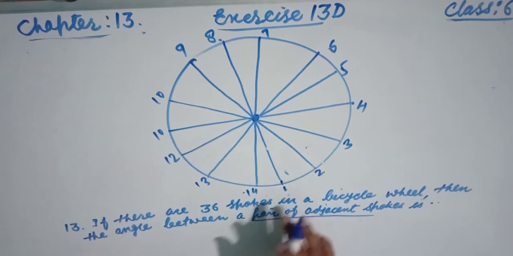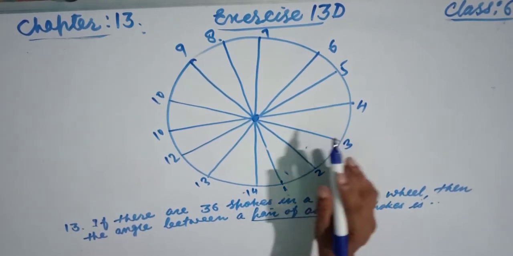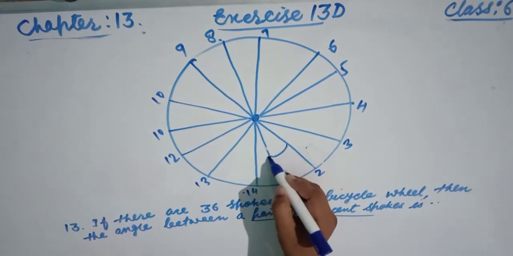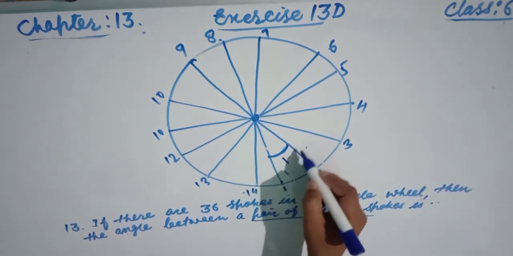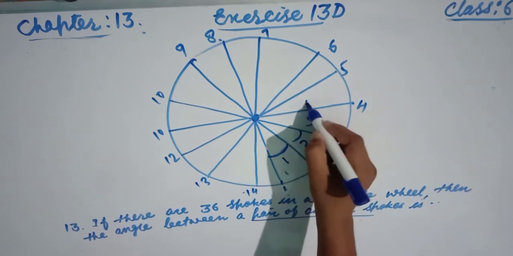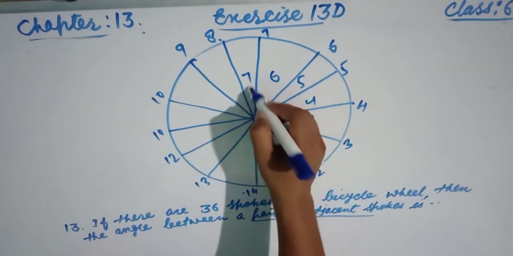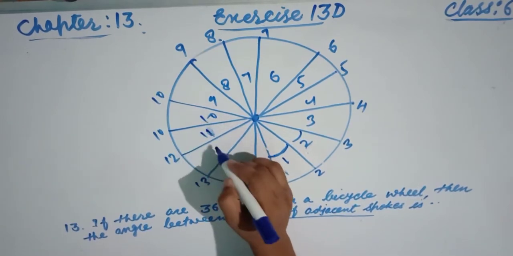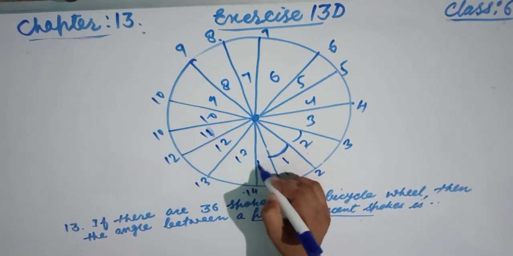Here, friends, there are 14 spokes. The angle between a pair of adjacent spokes means a pair of adjacent angles. Here is 1, 2, 3, 4, 5, 6, 7, 8, 9, 10, 11, 12, 13 and 14.